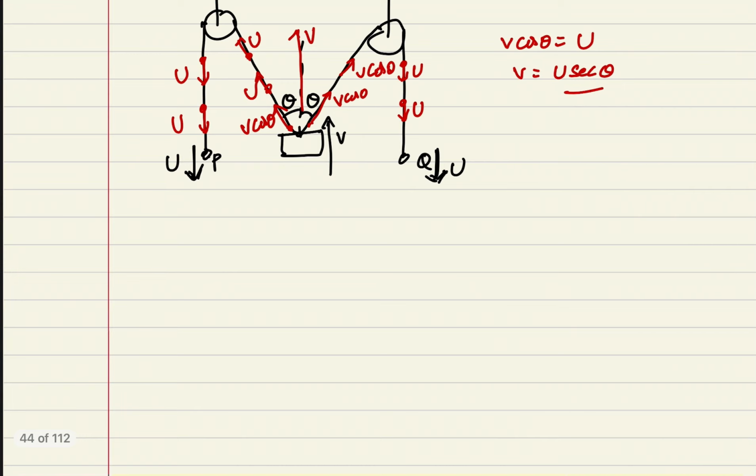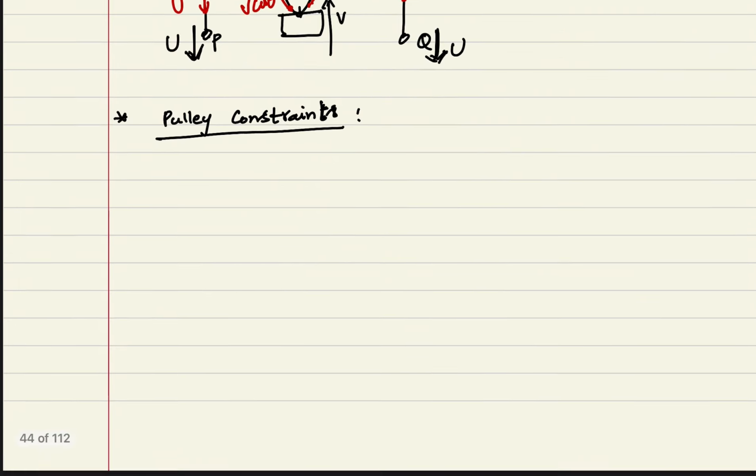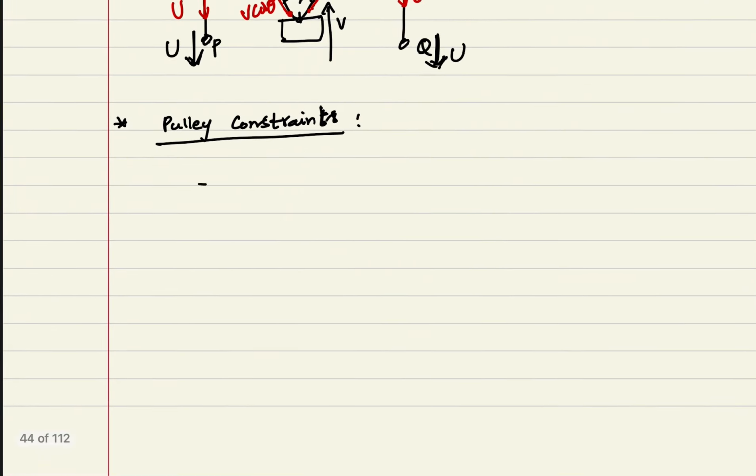Okay, now I will give one more point, pulley constraints. If I apply pulley constraints, I will take a certain diagram. You can observe that I am taking a body.